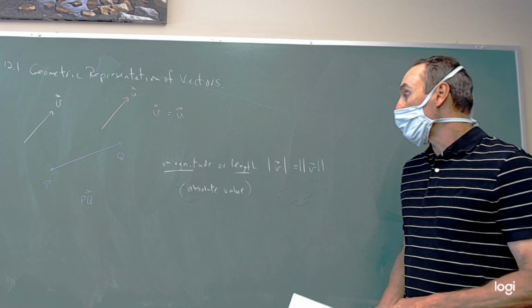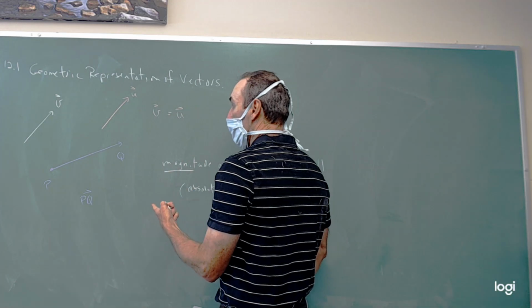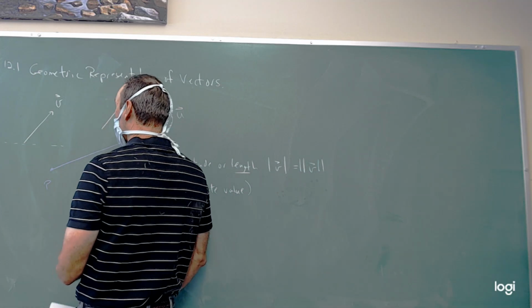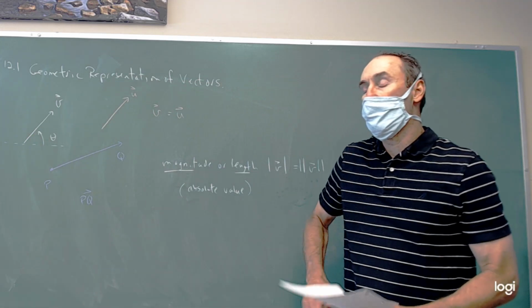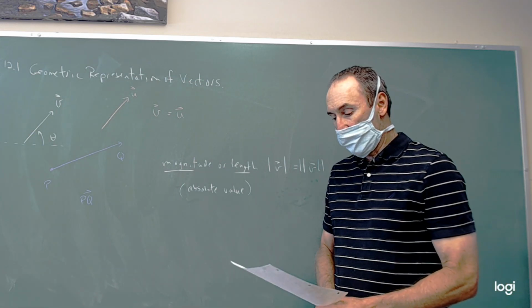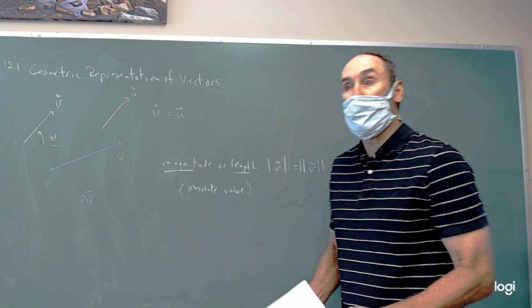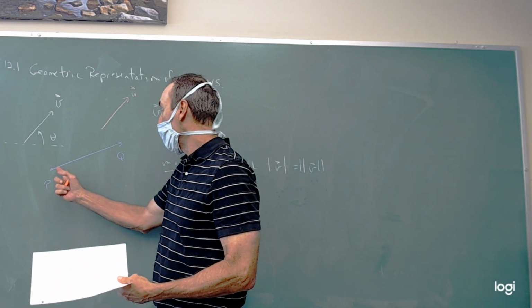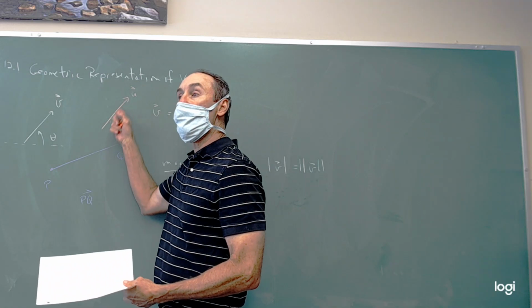And the direction will be given by an angle when you insert an x-axis on there. So we're going to get a direction, usually represented by an angle, and then a magnitude or length. We show that visually, geometrically: a longer vector has greater magnitude.